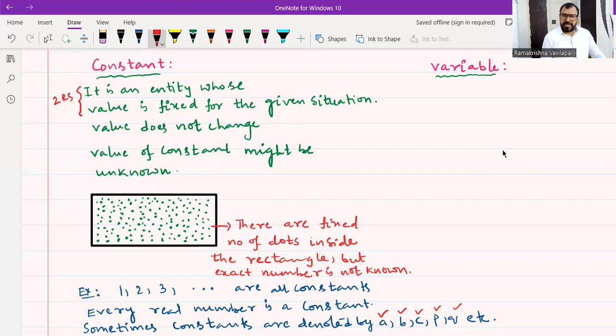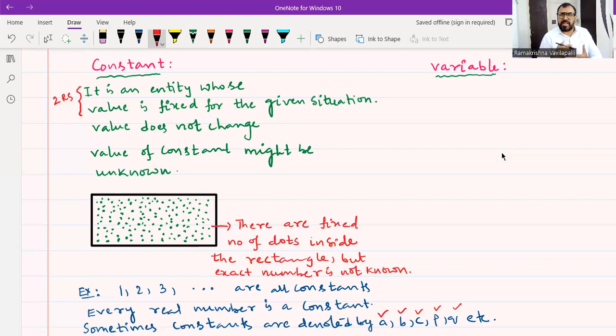Now, what is a variable? Variable means something whose value varies. Its value is not fixed at all. For example, you are moving in a car and you keep on changing the speed of the car. So the speed of the car is varying.